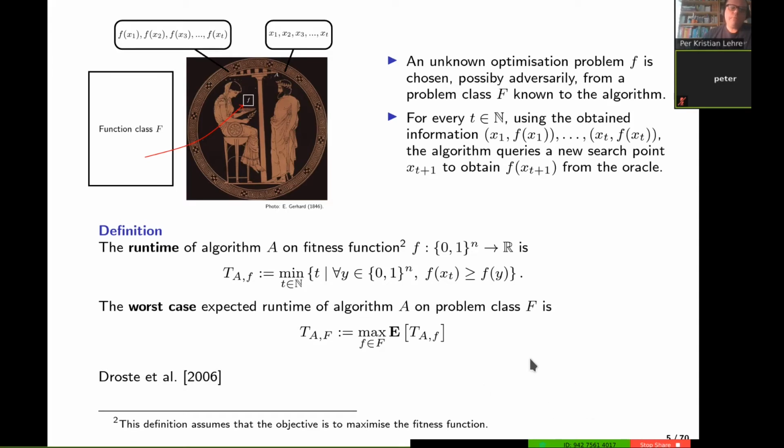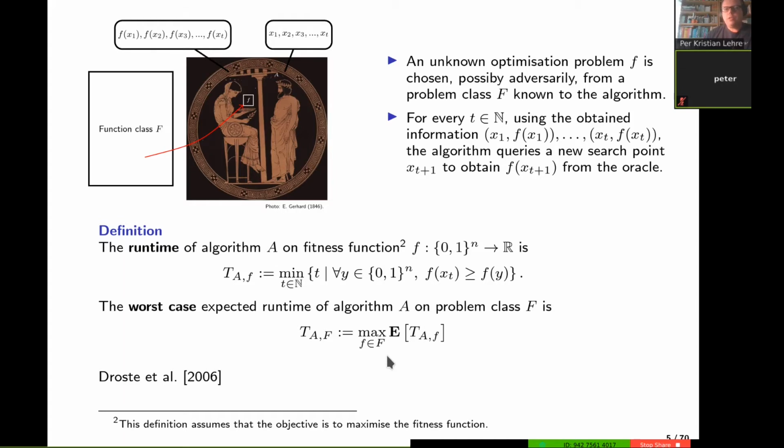And usually we're interested in understanding how this worst case expected runtime depends on characteristics of the fitness function or the problem. Usually we're interested in how it depends on the problem size, which is the number of bits for each search point, so n here, but also other aspects of the problem.